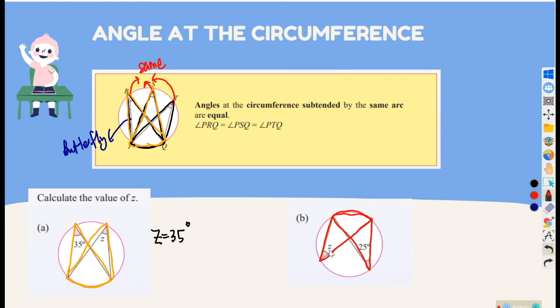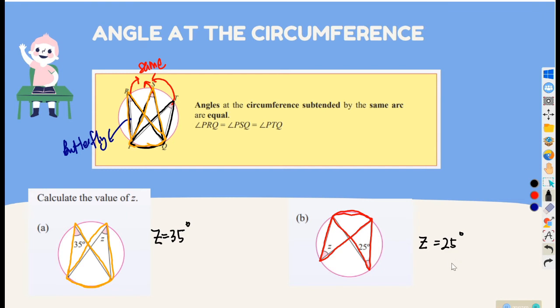So for this one also, Z is equal to 25 degrees.